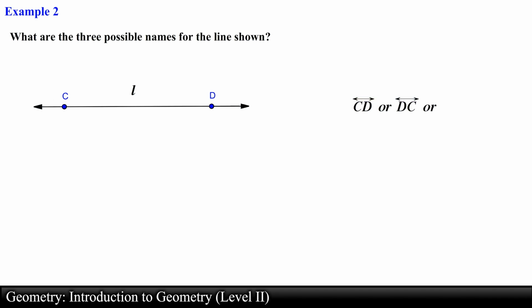Alternatively, we can also name this line as line L, since this line is also labeled with a lowercase letter. Keep in mind, when we use 2 points to denote a line, we usually want to express the points in alphabetical order. Nevertheless, both expressions are acceptable ways to name the line.